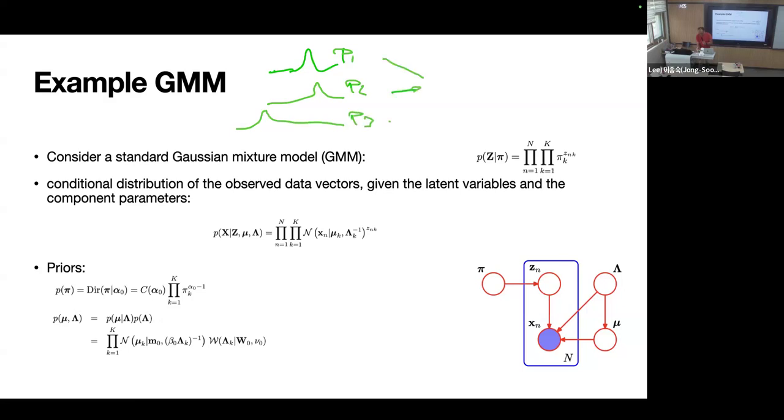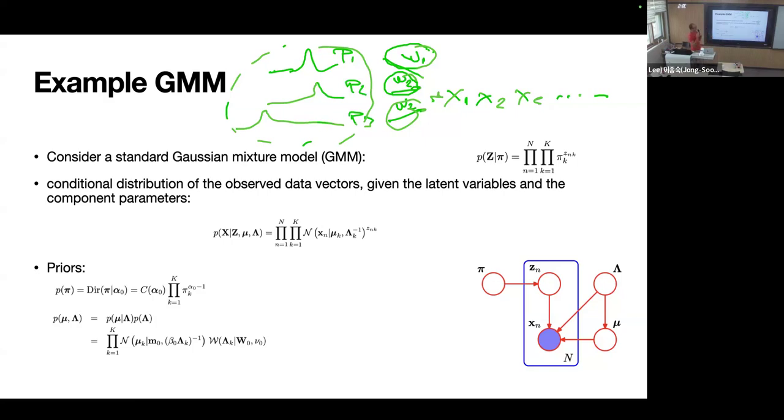Each of these has a certain weight, and we start selecting, sometimes from this distribution, sometimes from this, sometimes from this, and we are getting data x1, x2, x3, and so on. So we mix all these distributions in order to generate our data.